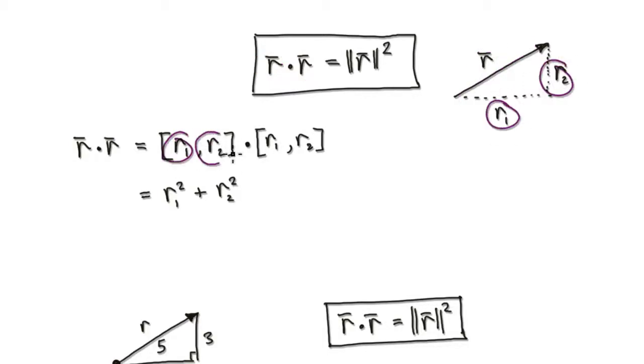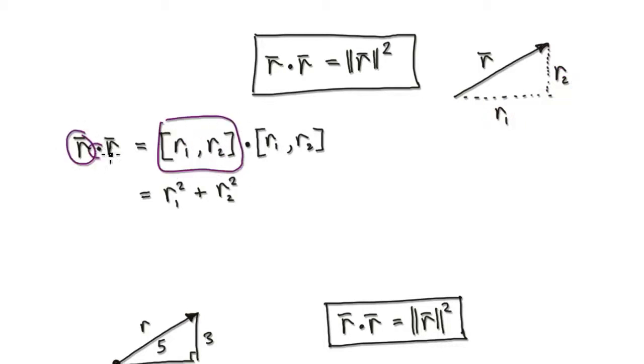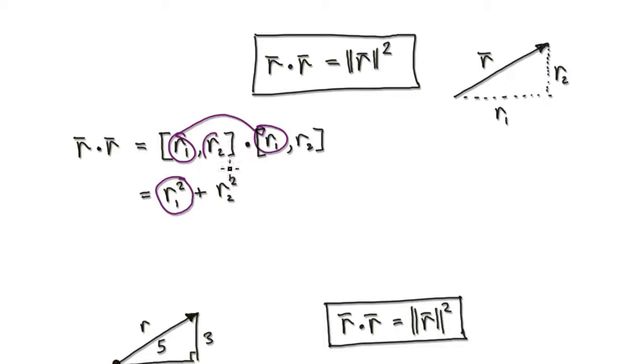This r here is this, and when you take the dot product, it would be this times this, that's this thing here, plus this times this, that's this thing here. So looking at this, taking the dot product will give us this thing here.